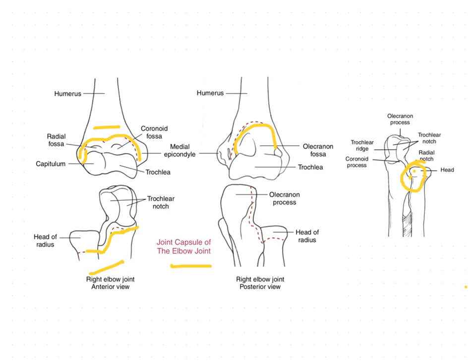These fat pads are not present throughout the capsule, they are only present in certain locations. So what are those locations of these fat pads, which are present between the capsule and synovial membrane, adjacent to the olecranon fossa, coronoid fossa and the radial fossa.